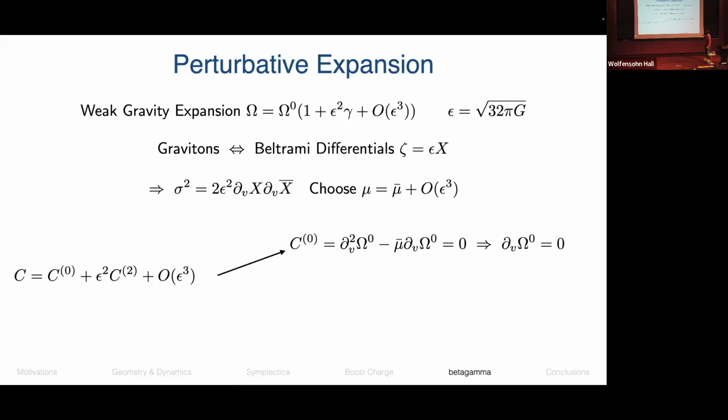So the areal form is constant in V time at order 0, which is the typical framework for this perturbative expansion. And then the next non-trivial order is the C2, which now has this particular form. Okay, so this is the spin 2, this is the spin 0 sector, and this is the matter that now appears non-trivially only at this order.